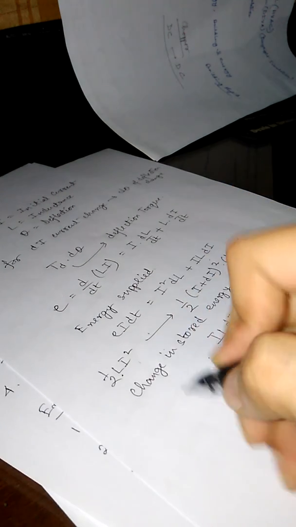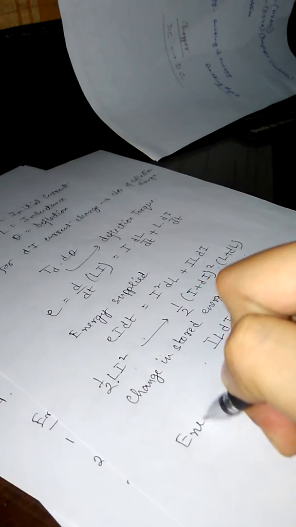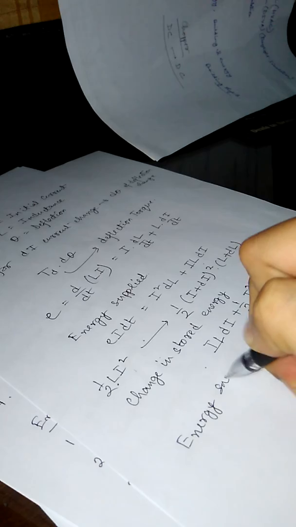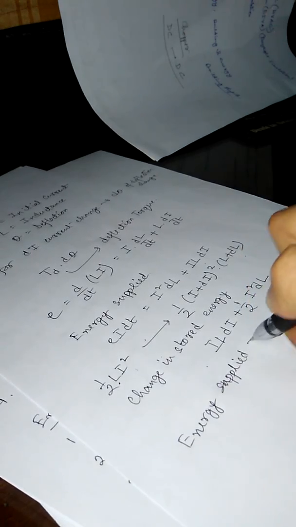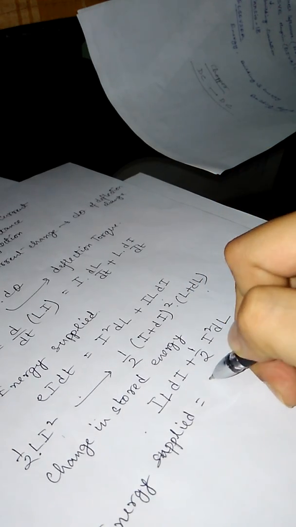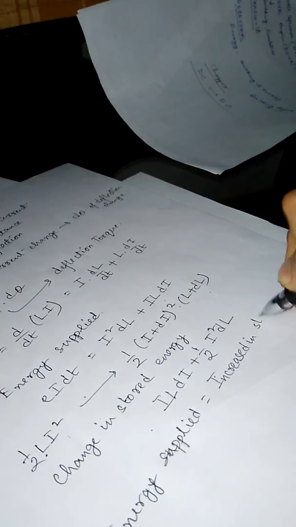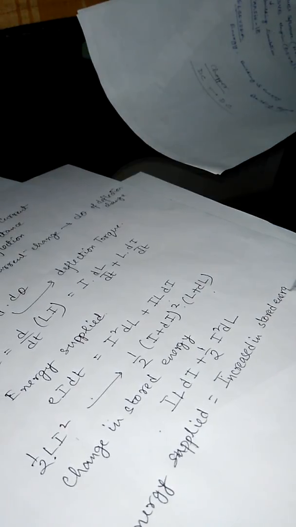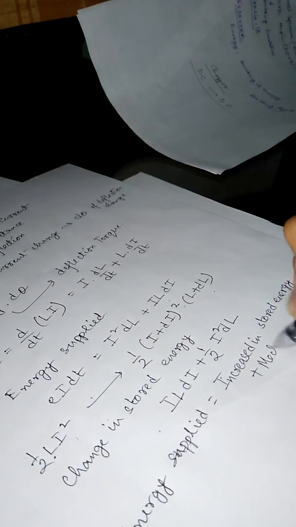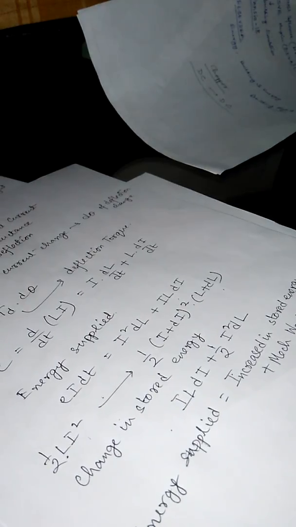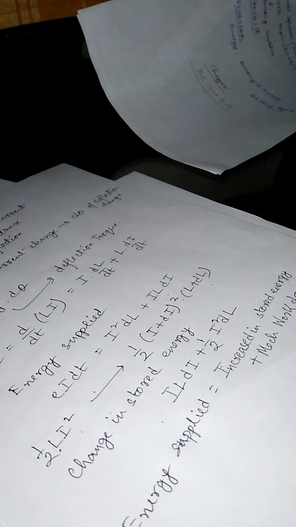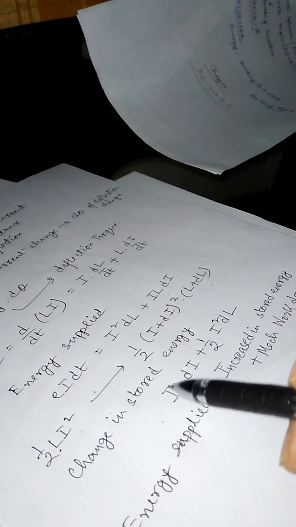Now electrical energy supplied equals, what is the form? Energy supplied equals increase in stored energy plus mechanical work done. That means from that point of view we can get that. So what is the form of energy supplied?